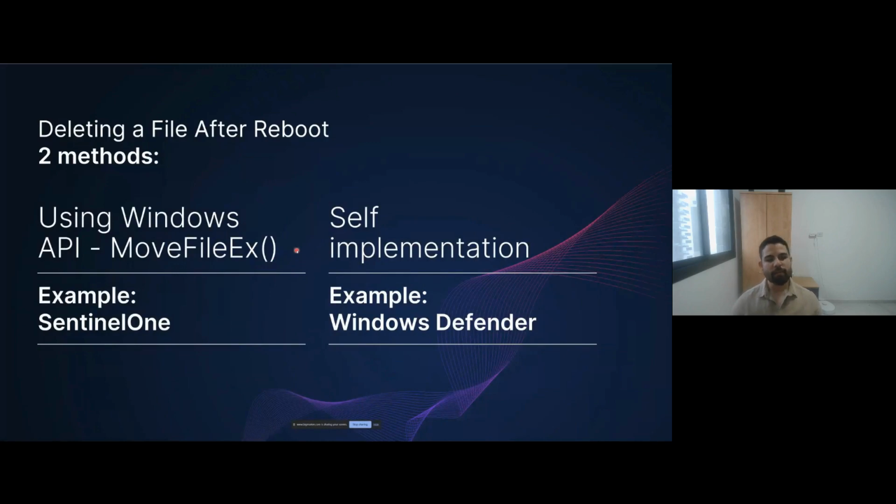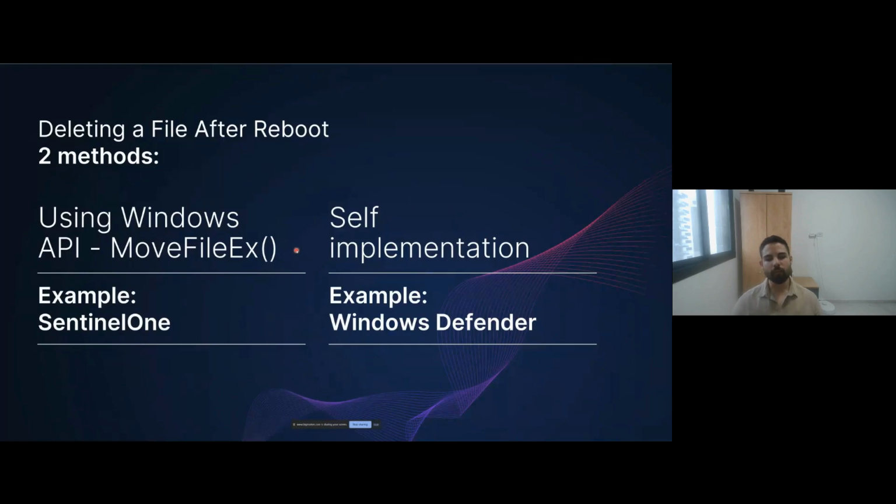The two primary methods that I saw EDRs using for postponing the deletion of the file until after the next reboot are, first, using the default Windows API for that. An EDR that uses that API, for example, is SentinelOne.